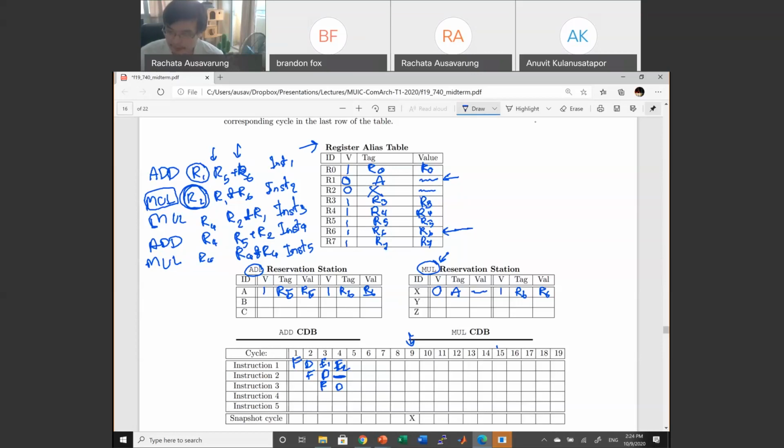A and X. Yep. So you put in here A, not valid. You don't know the value yet. Not valid as well because R2 right now is X, right? So it's not valid.